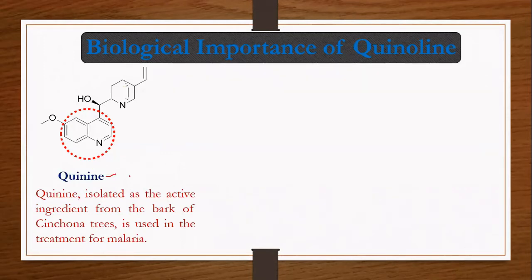And this natural product, quinine, is isolated from the bark of cinchona tree. It is an active ingredient and it is used for the treatment of malaria. Means the heterocyclic compounds or moieties are having biological importance.